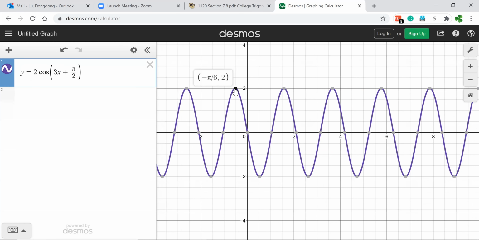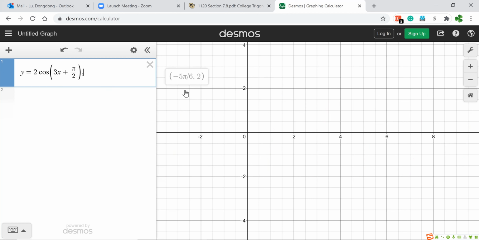Just look from here to here. Are we right? Just for this part. Maybe I should add x.